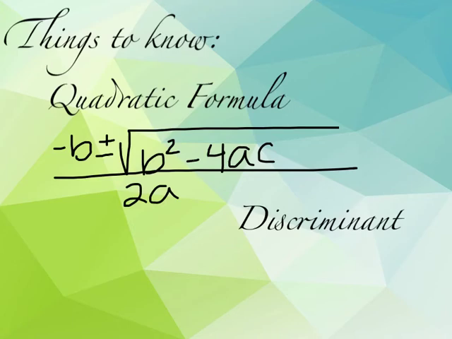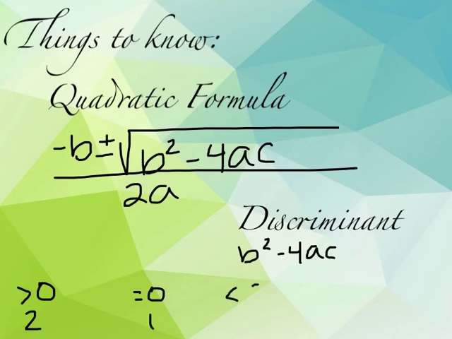The discriminant is just the part on the inside, the b squared minus 4ac. Anytime your discriminant is greater than 0, you will have two solutions. If your discriminant equals 0, you will have one solution. And if your discriminant is less than 0, you will have no solutions.